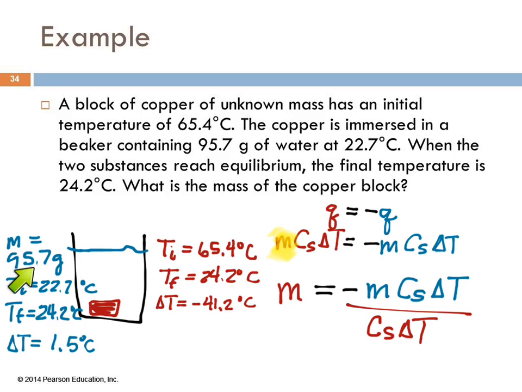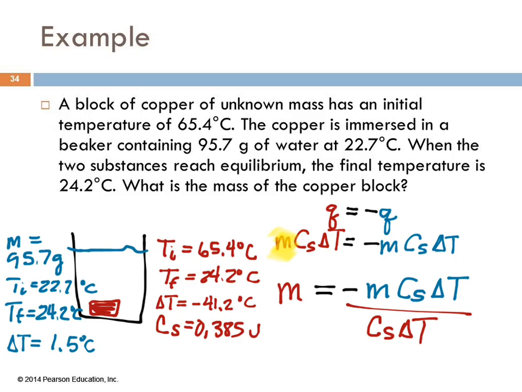We've got the mass of the water. We've got the delta T's. Where do we get CS? From the chart. What's the specific heat capacity of copper? 0.385? And what are the units on that?